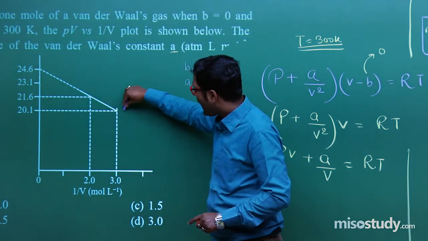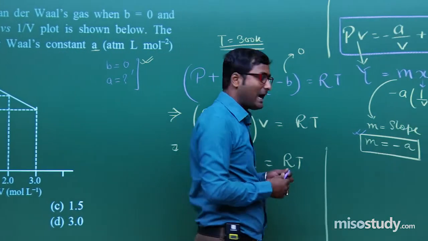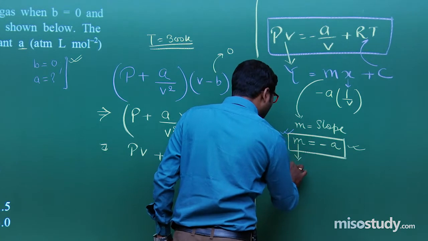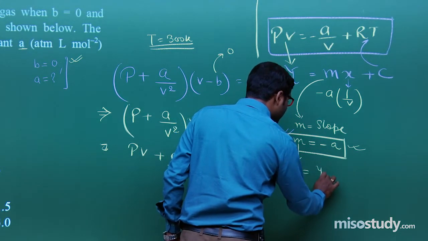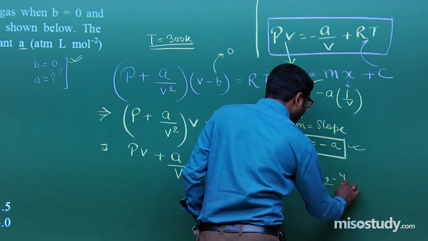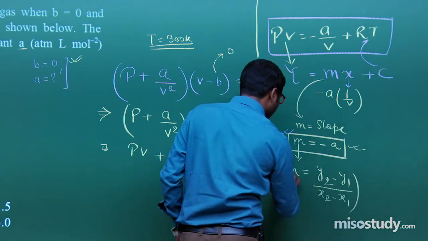So now how to find the value of A? As we know, m is equal to minus A, and the formula of m, we have studied in coordinate geometry, that is y2 minus y1 upon x2 minus x1. Do you remember this?